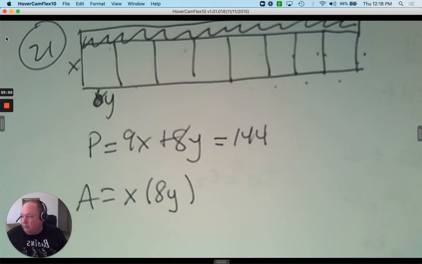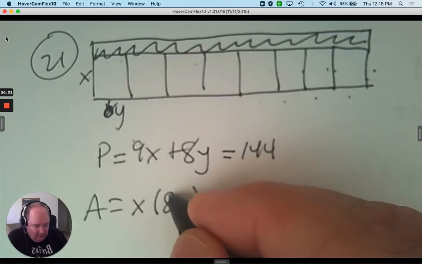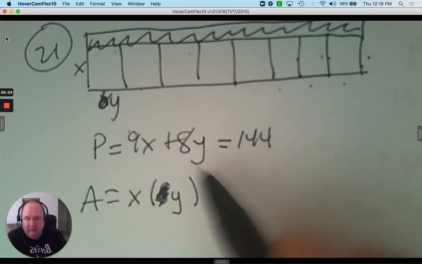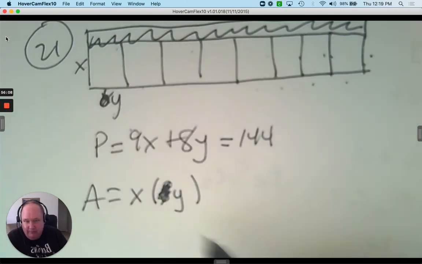Oh, they said don't even worry about the whole thing because all of them are an equal rectangle. I can just go x times y, use one of them, and find the maximum for each pen individually. So x times y is one pen.